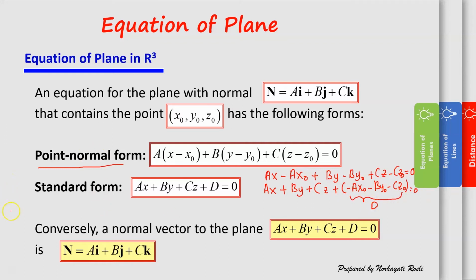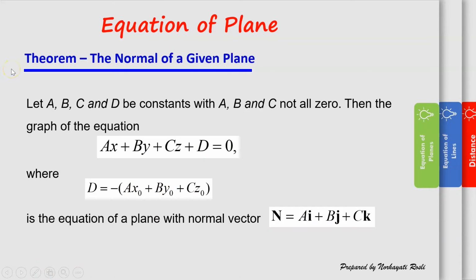That's why we get the standard form, which is given by ax plus by plus cz plus d equal to 0. Conversely, a normal vector to the plane ax plus by plus cz plus d equal to 0 is given by this normal vector. This means that this one is also a normal vector to this plane.